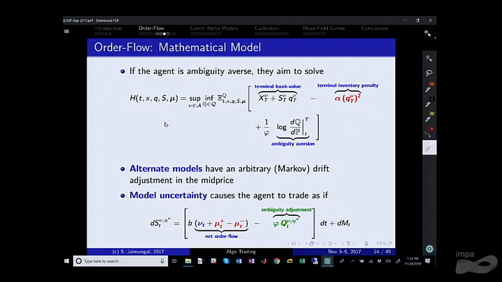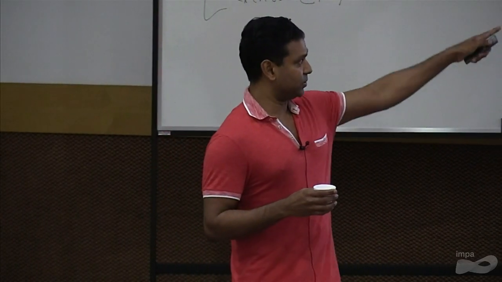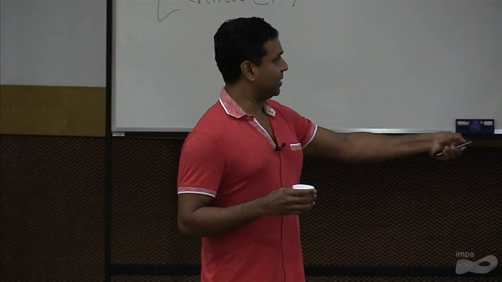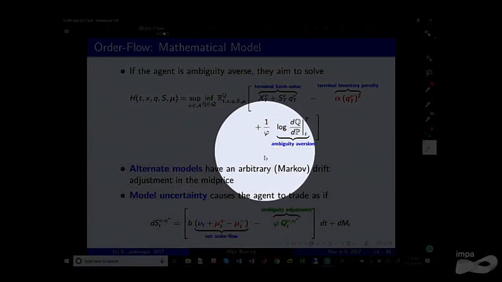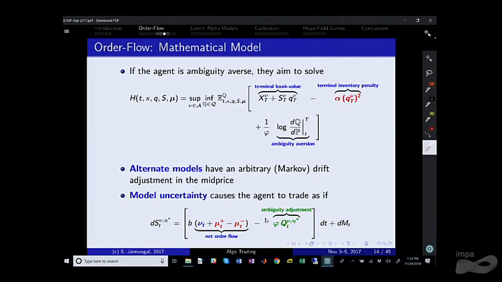You find out what is the measure that you're protecting yourself from, once you've found the optimal strategy and the optimal Q or candidate model that comes out of it. What does it look like? It looks like this. It has the same drift as what you thought, but you modify the drift by the parameter phi, which is what shows up in here. The inverse of it shows there.